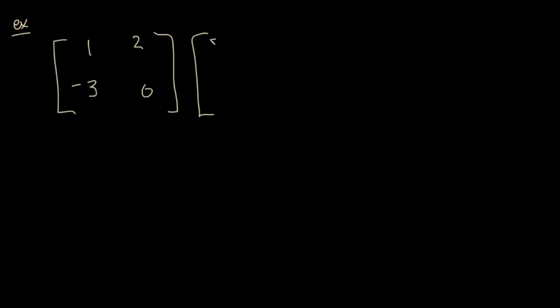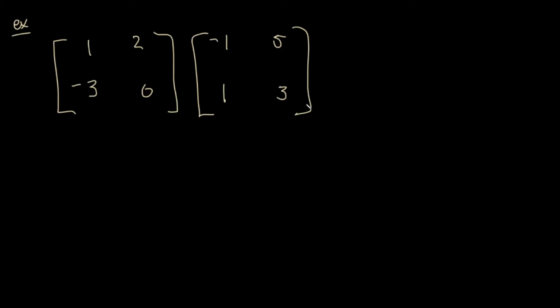Okay, so consider two matrices. I would give you the rule of multiplication, but first I want to show you really how it goes. So let's multiply two matrices, 1, 2, -3, 0, times -1, 5, 1, 3.